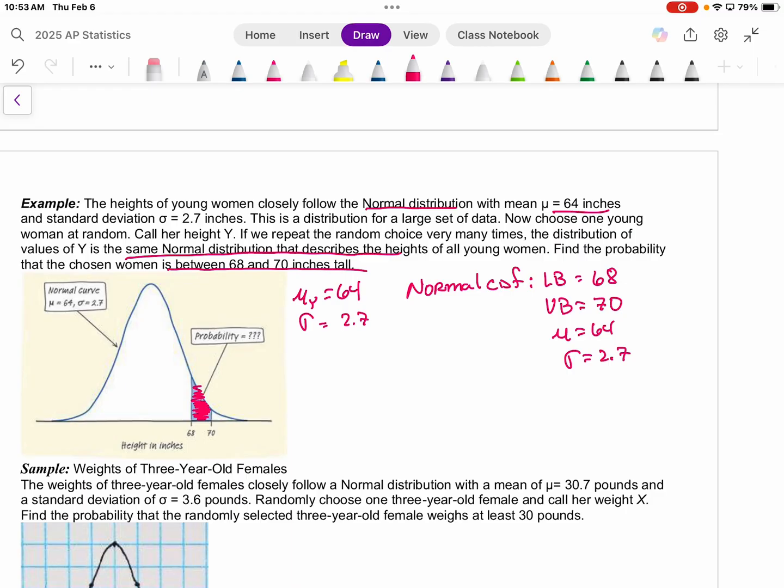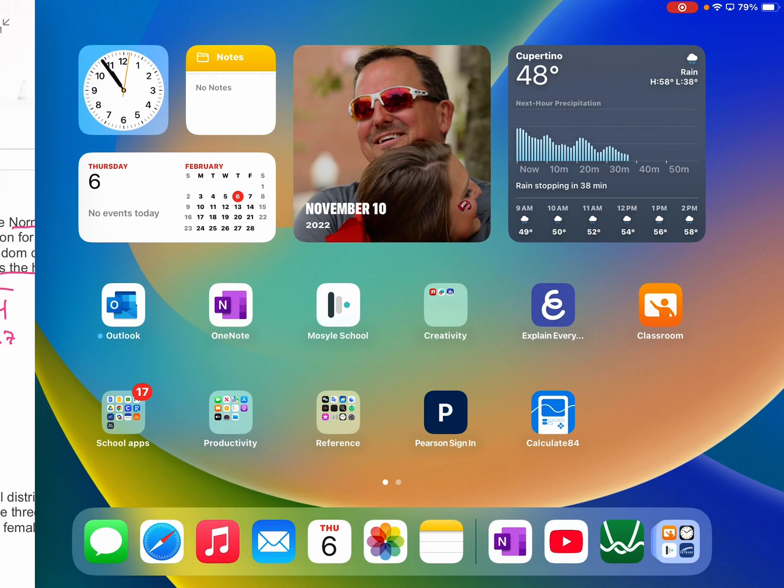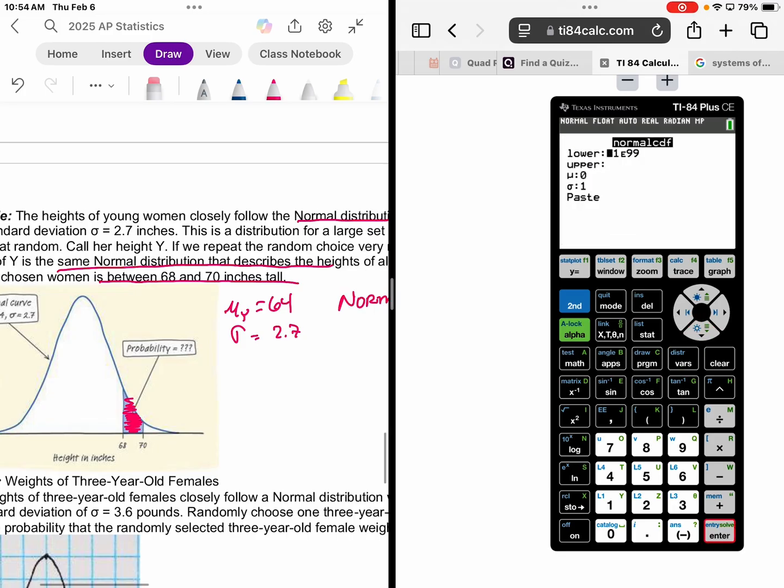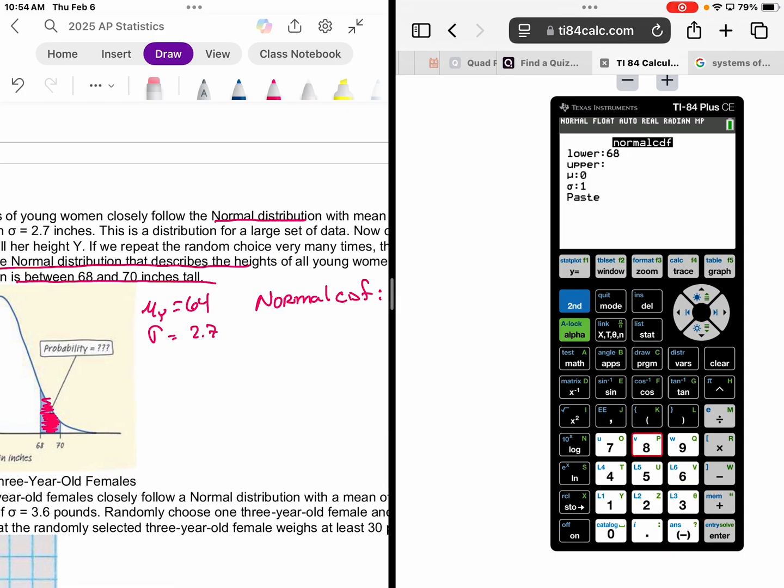And then now I'm ready to bust out the calculator. If you forgot where it was, it's second vars, option number 2. Hit enter. Now we type in 68, 70, a mean of 64, and a standard deviation of 2.7. Again, they're not standardized, and that's another way you could do it.